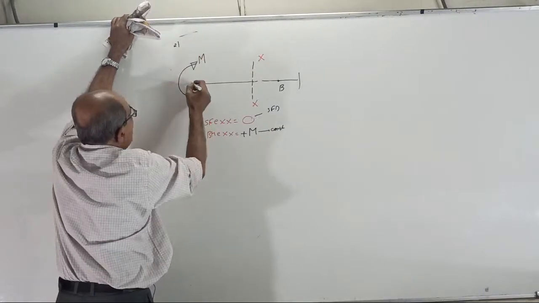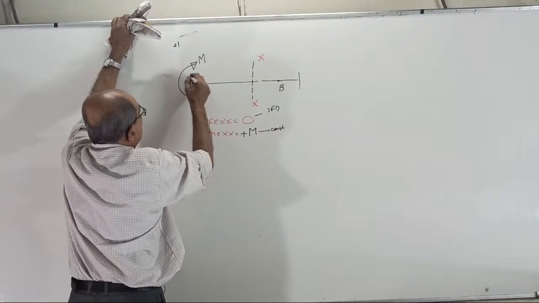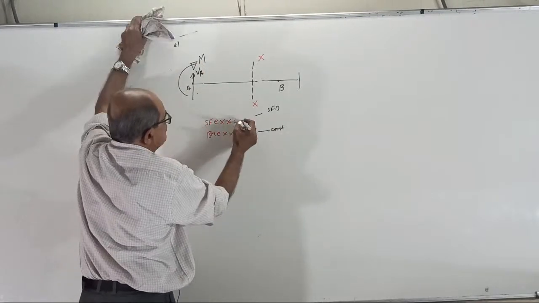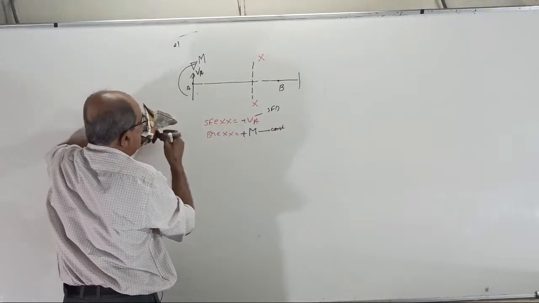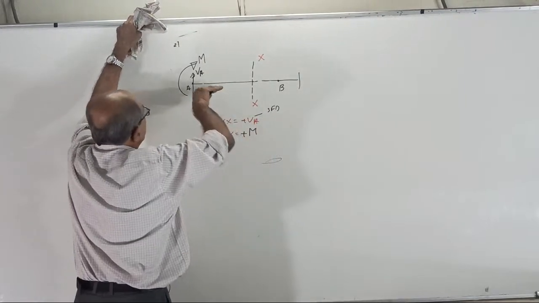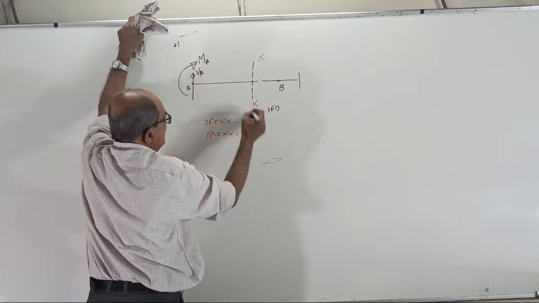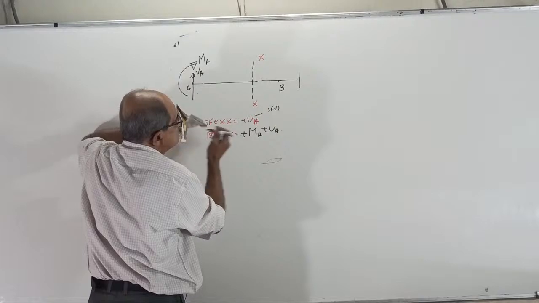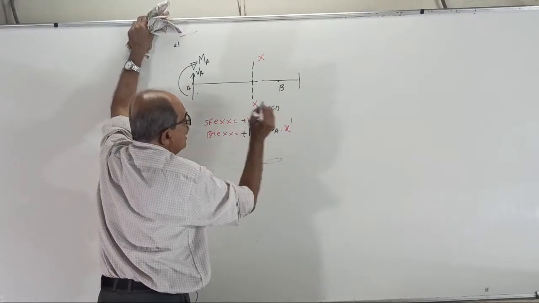Second case, imagine there is a force of VA here. Then shear force equals plus VA. Why plus VA? I don't know. Bending moment equals plus MA plus VA into X. That is X power 1 will come here.